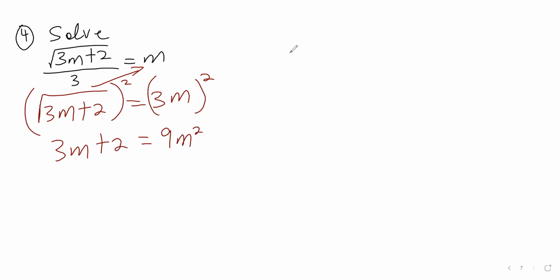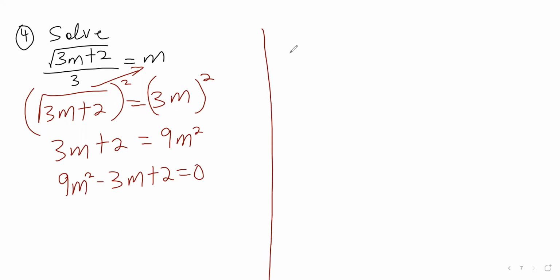Rewrite this as an equation, send everything to the other side. 9m squared minus 3m minus 2 is equal to 0. Okay, so now if you choose to use factorization method or the quadratic formula, whichever one you prefer, it's up to you. I will use the factorization method.